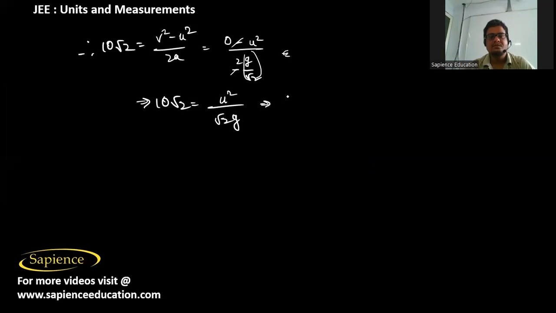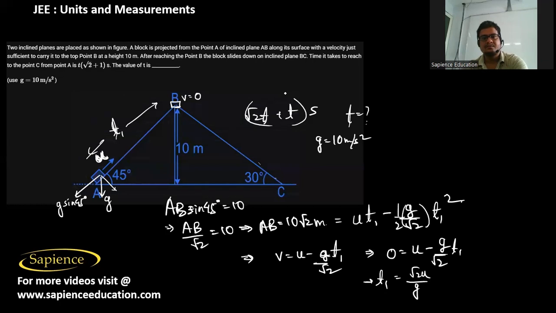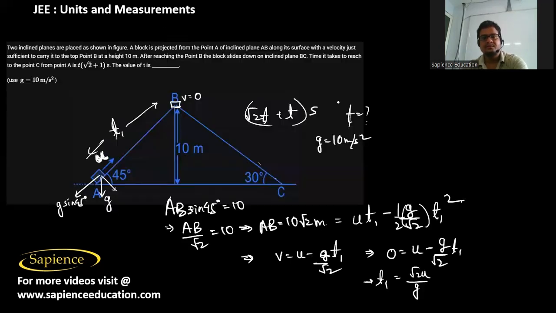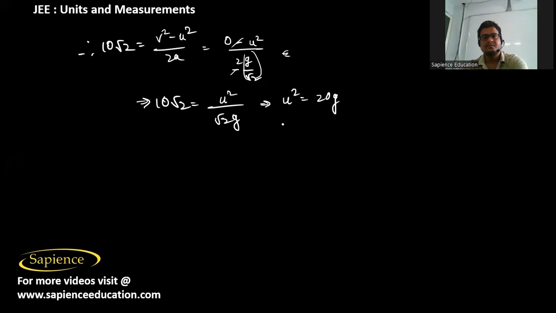Therefore U square equals 20G, which means U equals 2 root 5G, that is, 2 times the root of 5G.